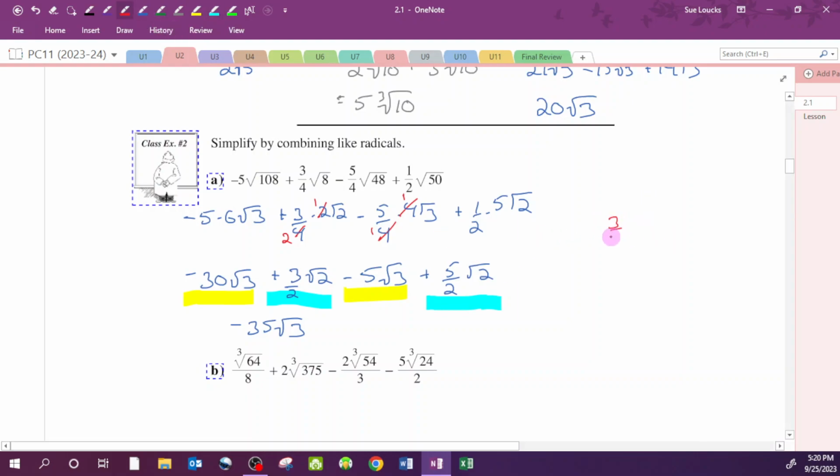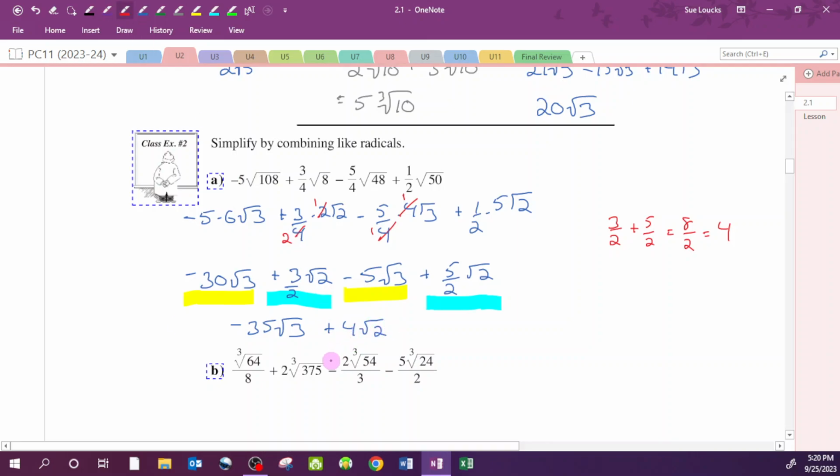So I've got 3 over 2 bags of apples plus 5 over 2 bags of apples. That's 8 over 4, that's 8 over 2. Okay, maybe recording the videos late is not a good idea. Okay, so that equals 4. So that's what my coefficient is going to be there. So this is going to be plus 4 root 2.